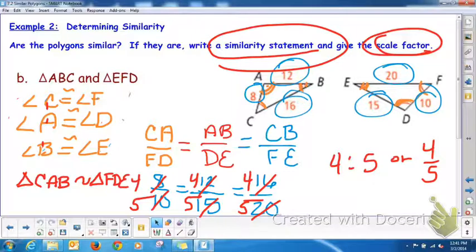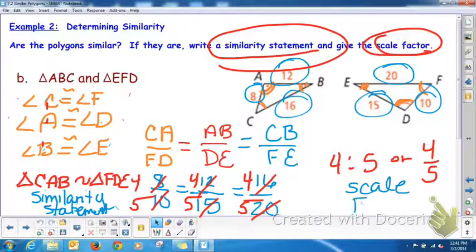So this is your similarity statement. And this is our scale factor. So that's what's meant by those, similarity statement and scale factor.